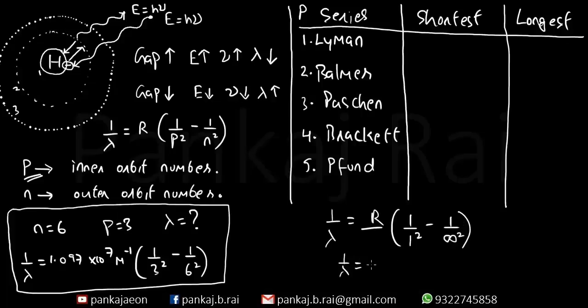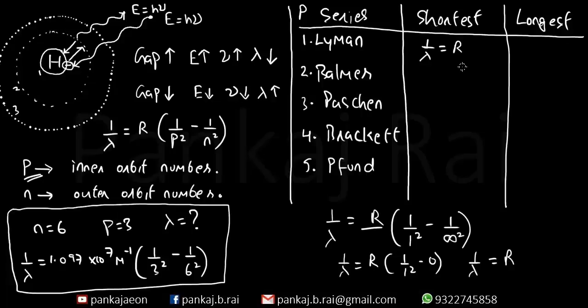So 1 by lambda is equal to R times 1 by 1 square minus 0, which is simply 1 by lambda is equal to R. So lambda, the shortest wavelength of Lyman series, is equal to 1 by R. You substitute the value of R and you get the value of the shortest wavelength of Lyman series.